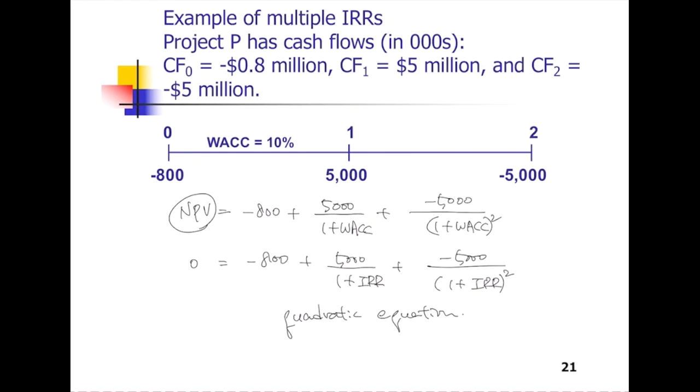The equation can be written as ax squared plus bx plus c, right? So in this case, how many solutions are here? Yeah, two solutions. So in this case, we have 2 IRRs.